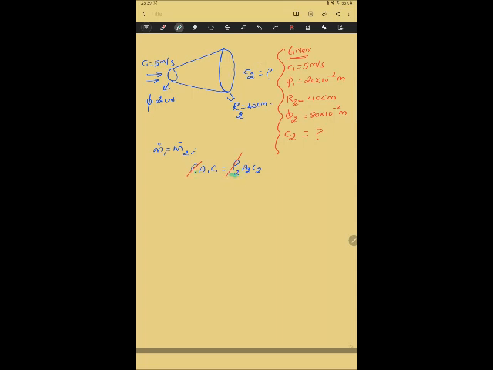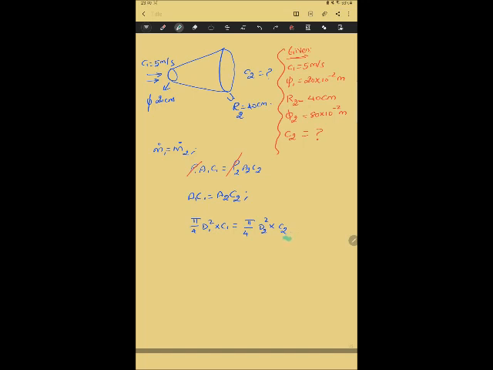So we have A1 C1 equals A2 C2. Since the cross-sectional area is circular, the area of a circle is pi by 4 D1 square times C1 equals, for the second cross-sectional area, pi by 4 D2 square times C2.